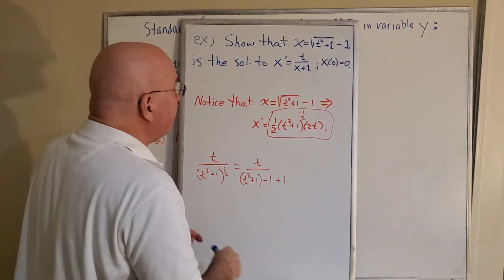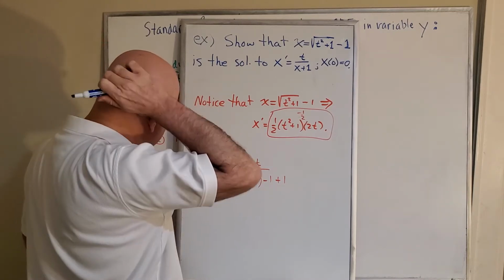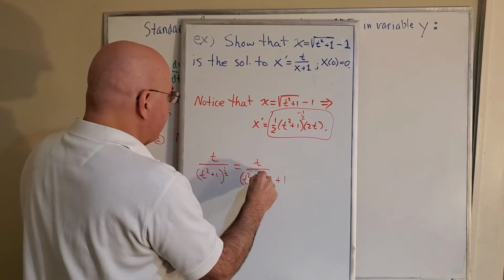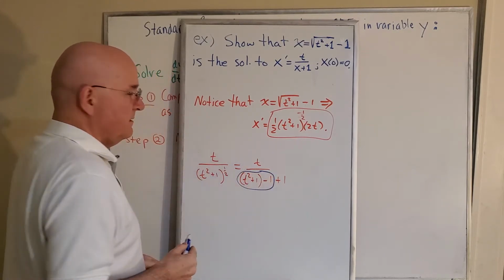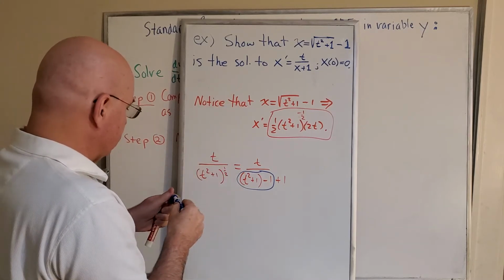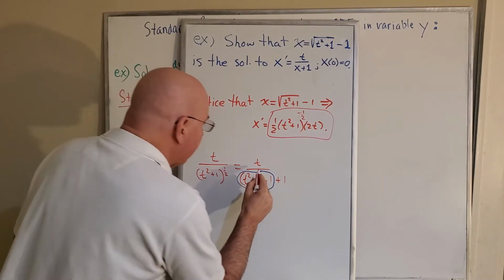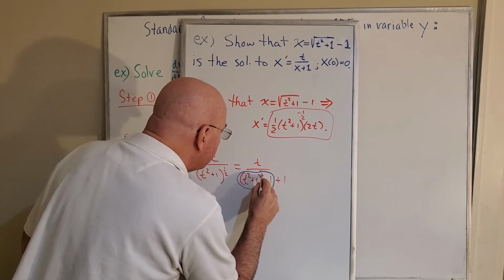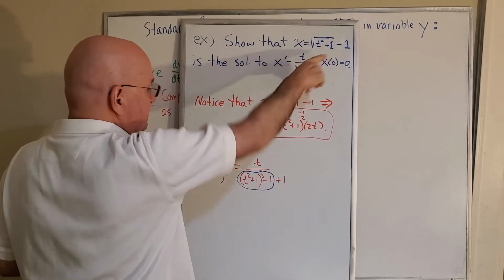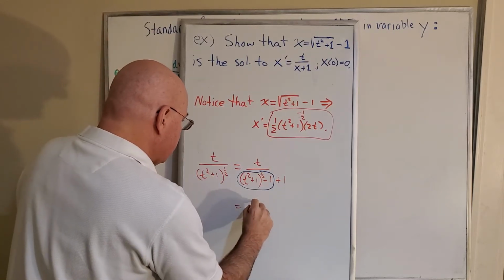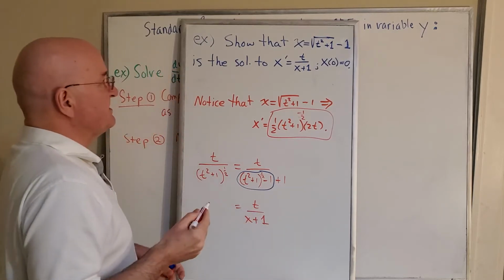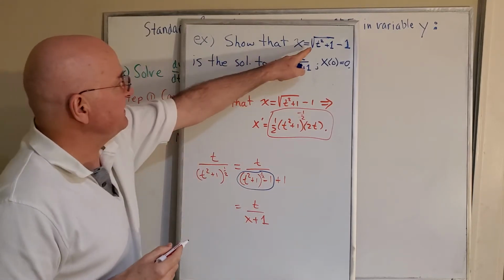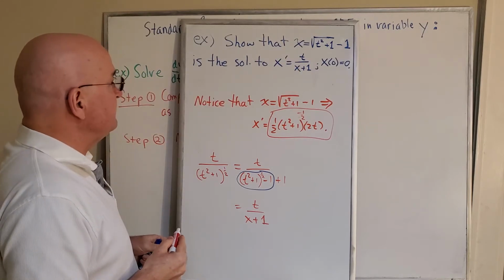And then notice that this happens to be x. I left off the 1/2 right here. This is just x. So that's equal to t over x plus 1. So very simply, we showed that this really is the solution to that differential equation.